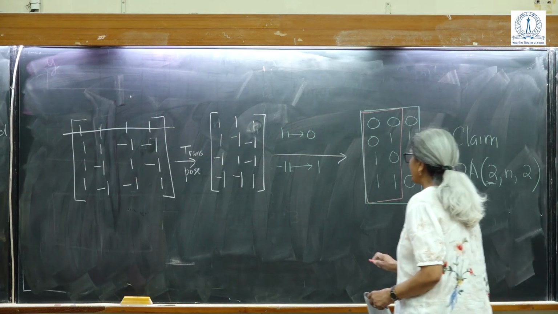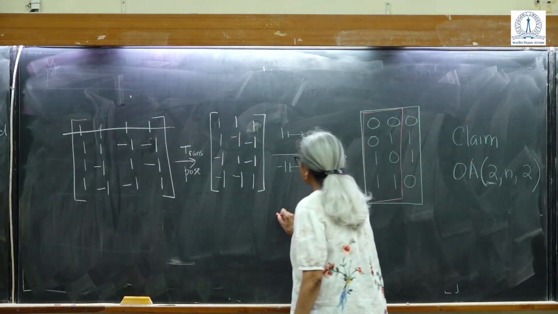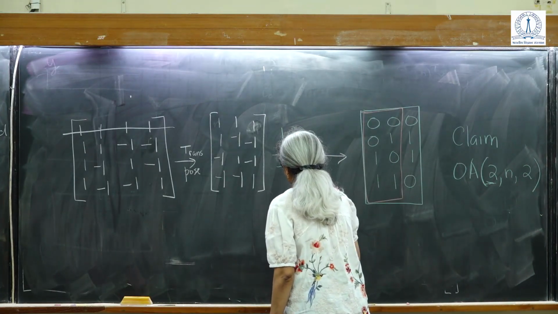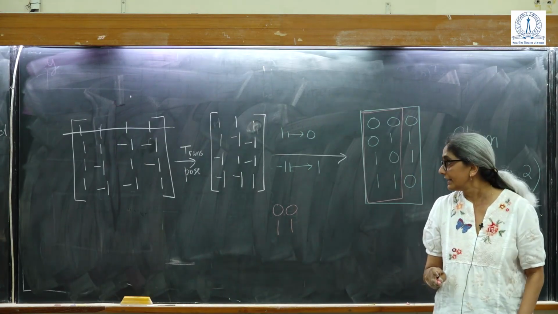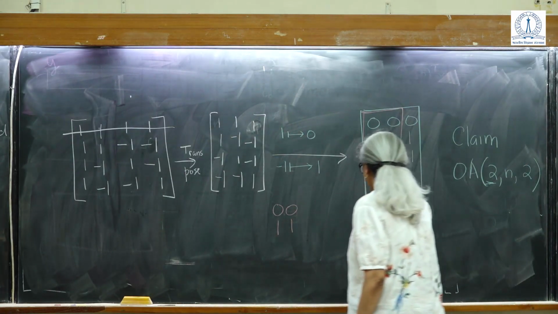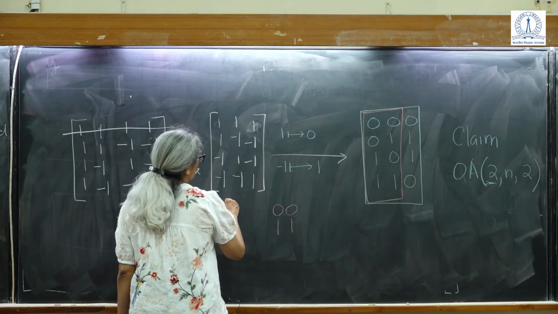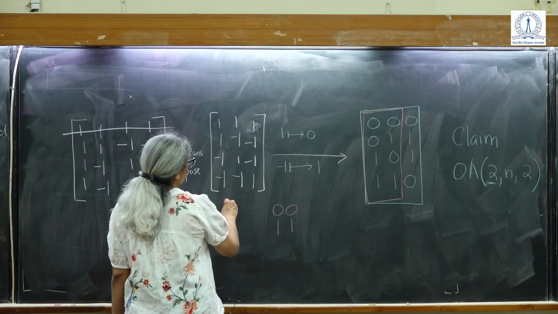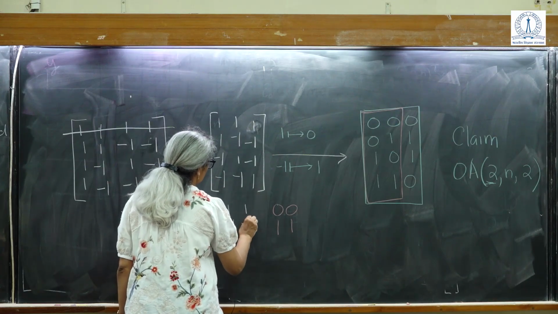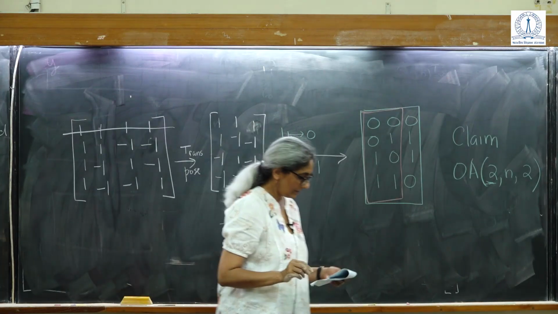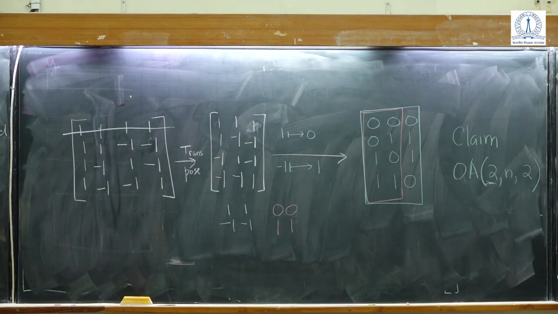So in general, if I look at a pair like 0, 0 and 1, 1, then in the original, the zeros came from 1, and this is a -1, -1.